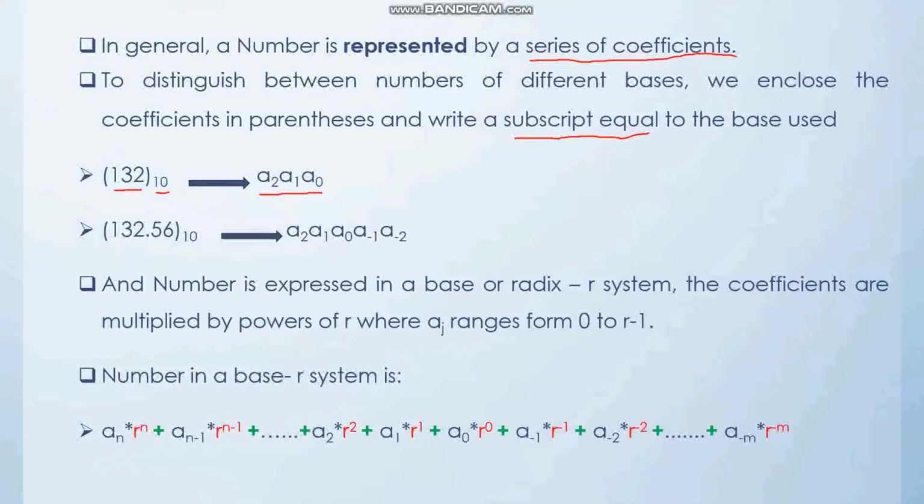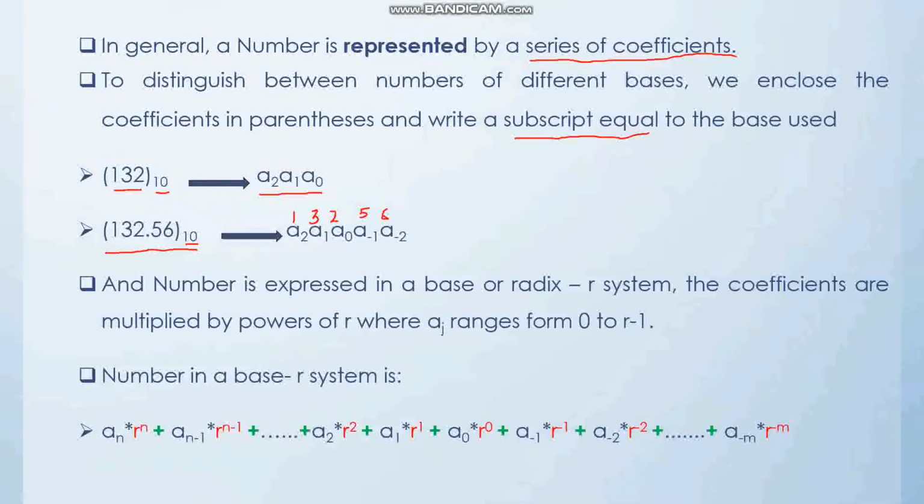So a0 is 2, a1 is 3, and a2 is 1. Similarly, for the number 132.56 with base 10, the digits 1, 3, 2 are a2, a1, a0, and after the decimal point we have 5 and 6. On the right-hand side of the point, the coefficients become a minus 1, a minus 2, a minus 3, and so on.